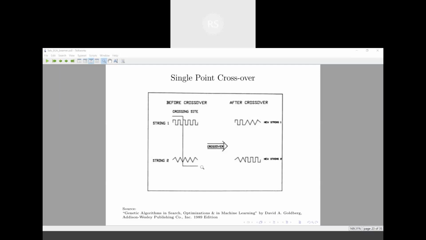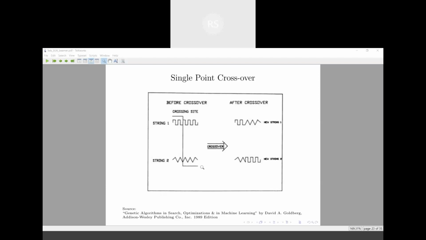Genetic algorithm tries to imitate what is happening in nature, what is happening in genetics. In genetics there are various parameters, and not all of them are implemented in the simple genetic algorithm. In the simple genetic algorithm, crossover is implemented, and mutation is implemented.